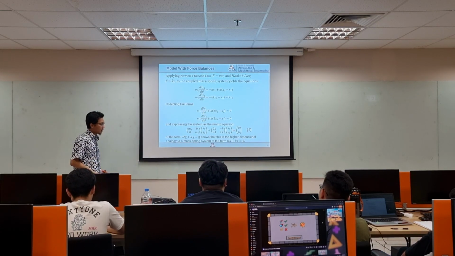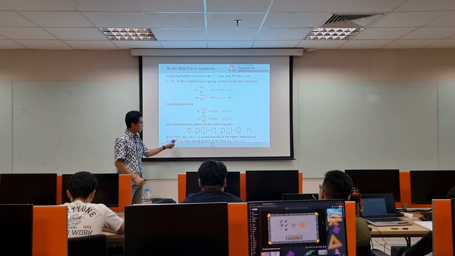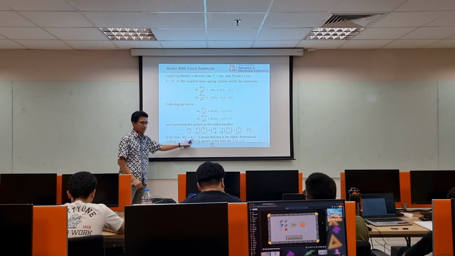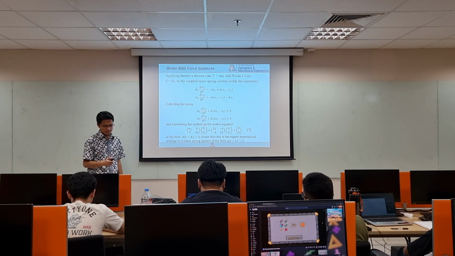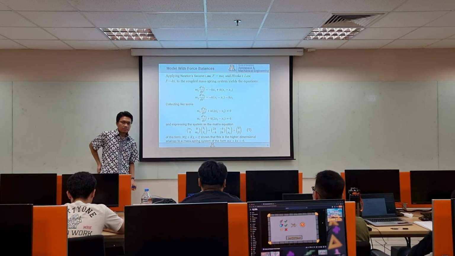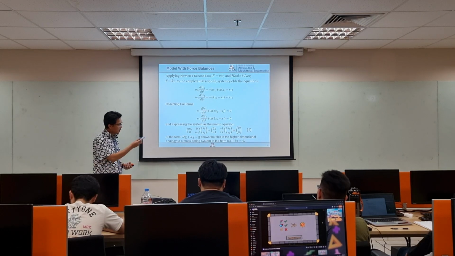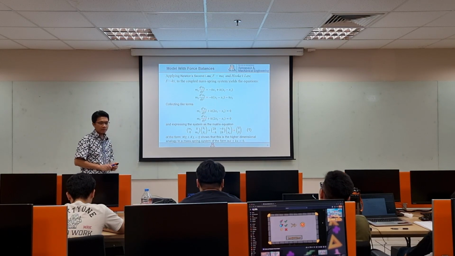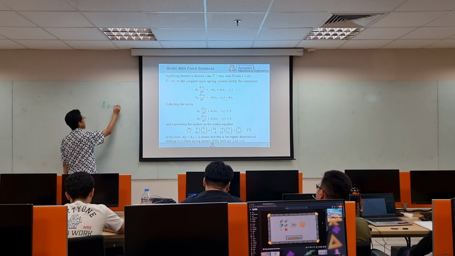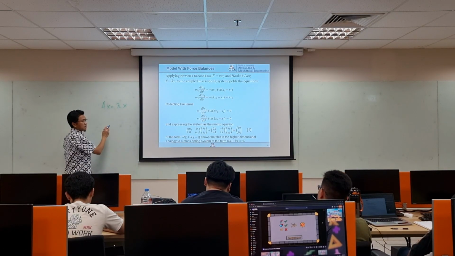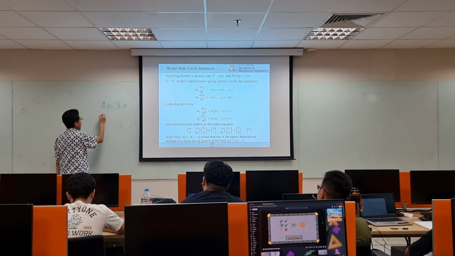So now we have an equation represented by matrix and vector. Mx double dot plus kx equal to 0. And we plan to solve this through the eigenvalue problem. Remember, the eigenvalue problem has a format like this.